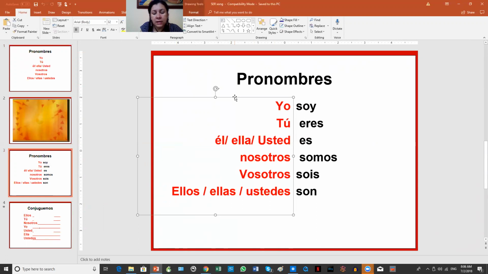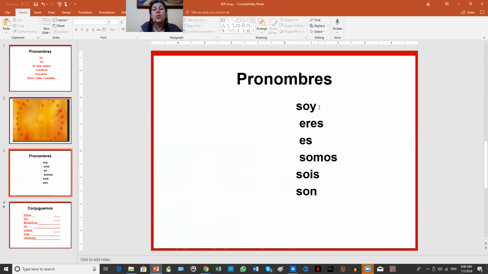See? So we know that soy is always yo, that eres is always tú, that son is going to be either ellos, ellas, or ustedes, that es is going to be ella, él, or usted.